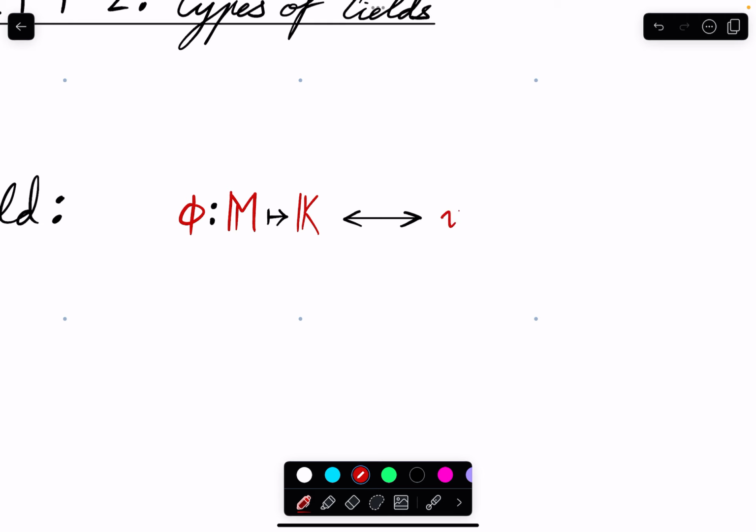which is basically saying that you take a position and you map it to some scalar, which depends upon the position.